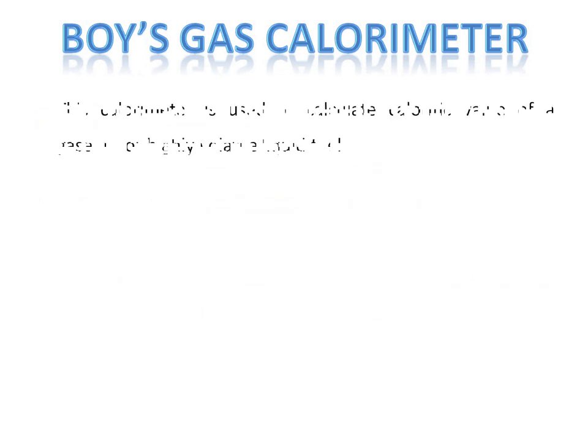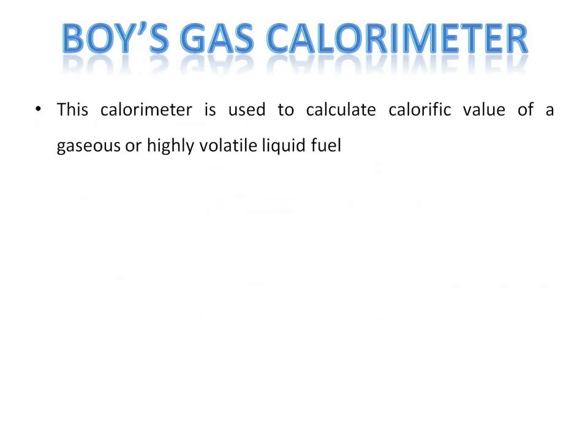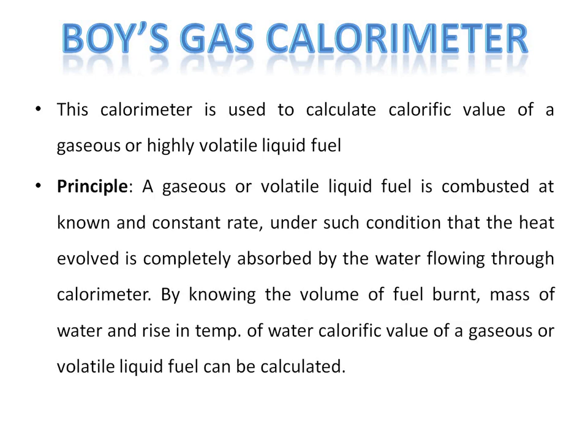Now, Boyle's gas calorimeter is the calorimeter which is mainly used to determine the calorific value of a gaseous or highly volatile liquid fuel. The principle of Boyle's gas calorimeter is: a gaseous or volatile liquid fuel is combusted at a known and constant rate.